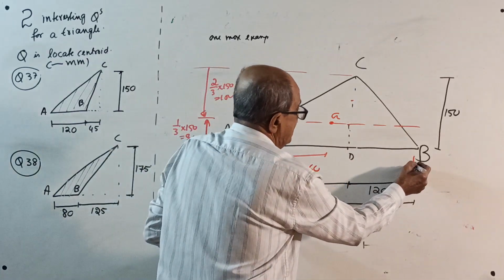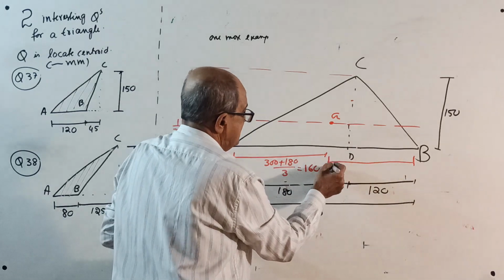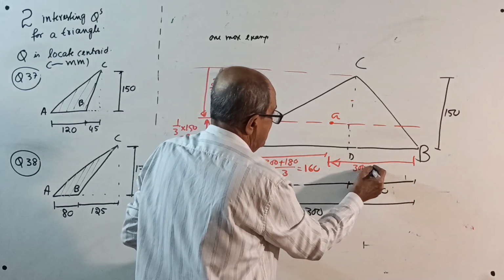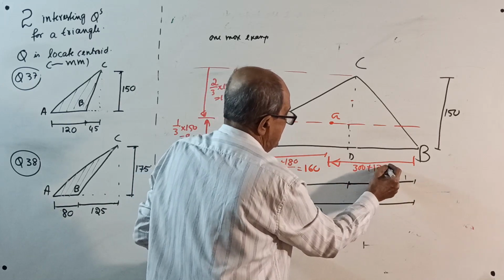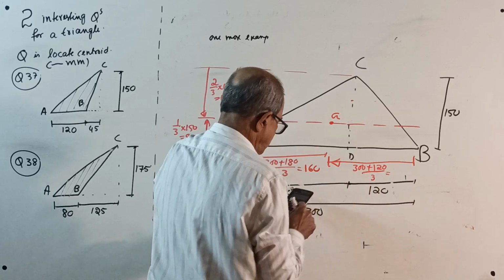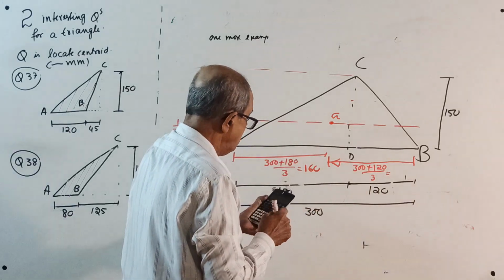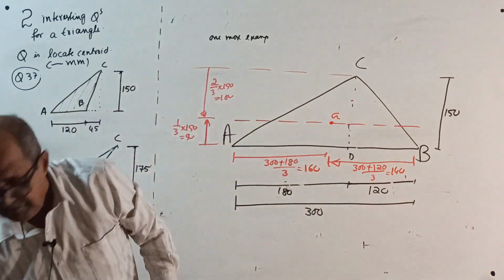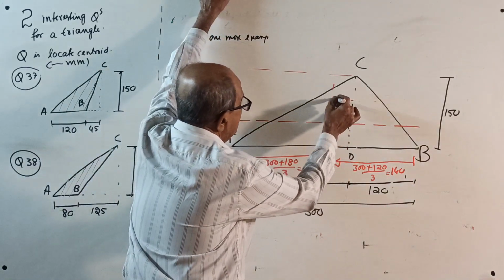And from that side, full length 300 plus cut length 120, that is 420 divided by 3, is 140. Okay, over. Now this is the centroid.